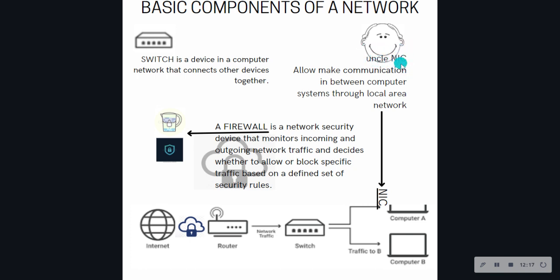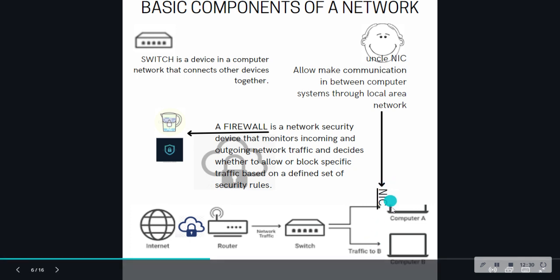It's only NIC. It's just to explain to you that this little device is needed to make communication between the computer and your systems through the local area network. And that NIC, like I said, is the abbreviation for Network Interface Controller, and its function is then the communication.